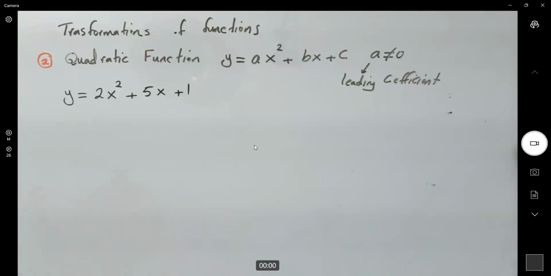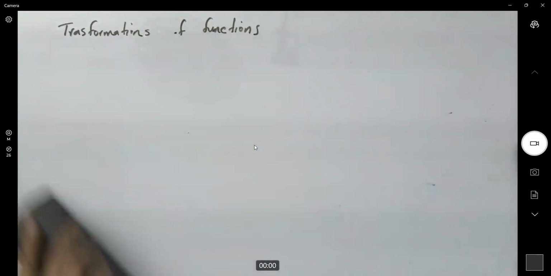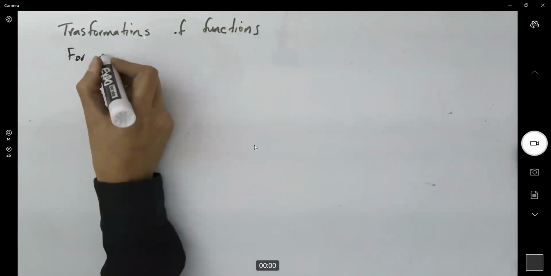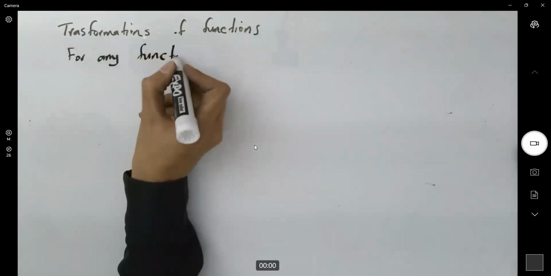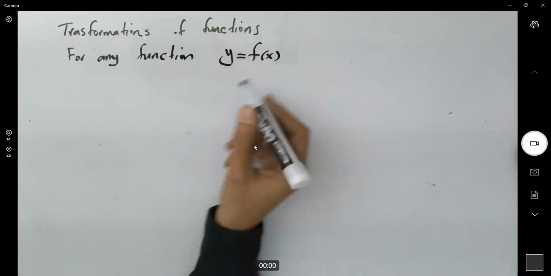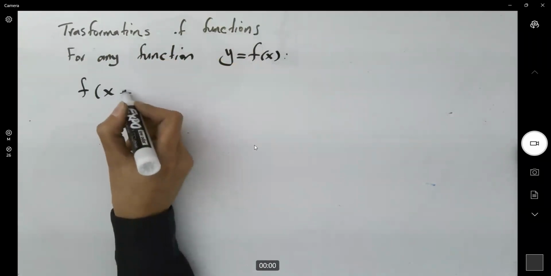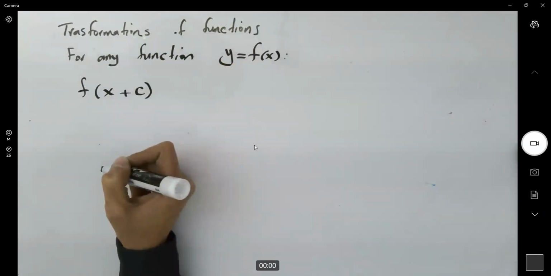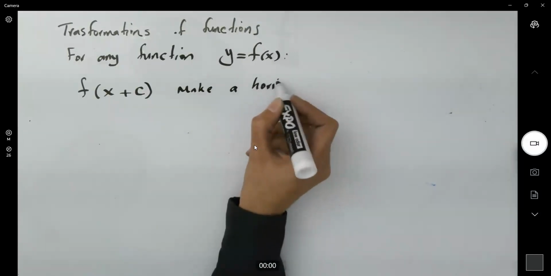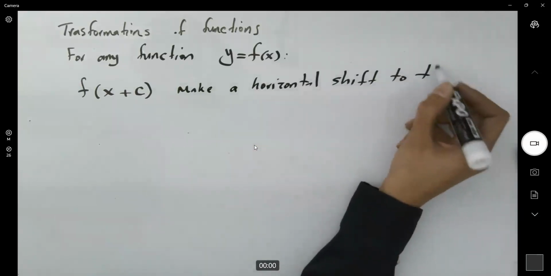So in general, you can say that for any function y equals f of x, we have the following case. F of x plus a positive number like c makes a horizontal shift to the left.